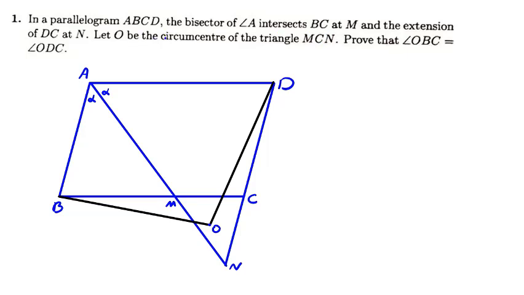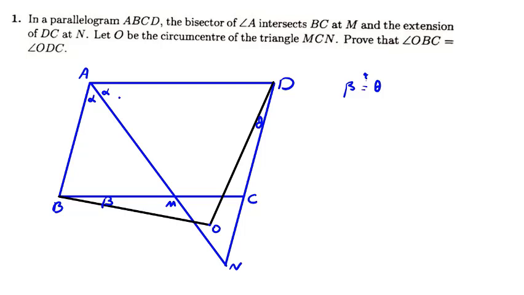It intersects DC at M and the extension of DC at N. Let O be the circumcenter of triangle MCN. Prove that angle OBC, I call this one beta, equals angle ODC, theta. So the problem says prove that beta is equal to theta.